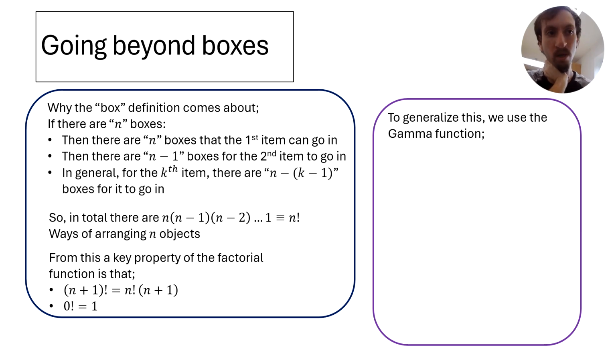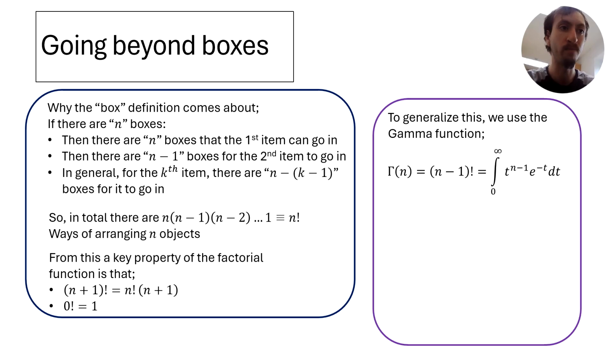And we also want it to satisfy the idea that 0 factorial is 1. Now, a function that can do all those things is the gamma function. Strictly, the gamma function of n is n minus 1 factorial, but obviously you can use that to work out the factorial of any value n.